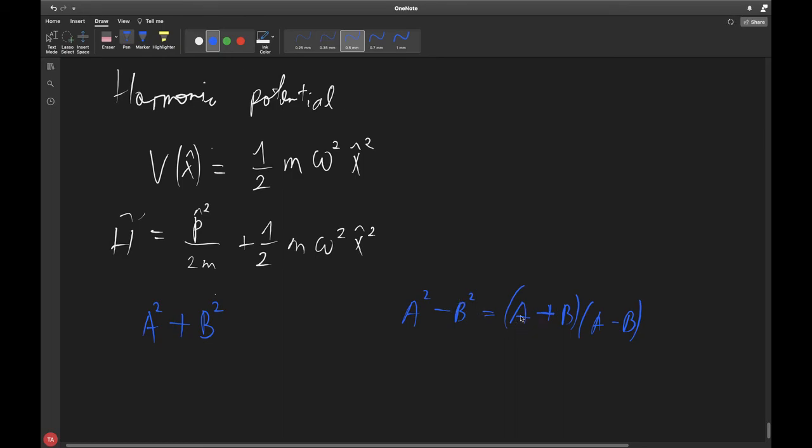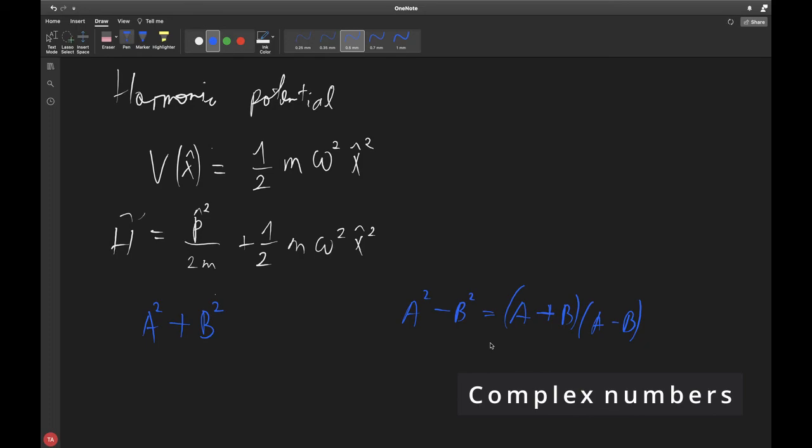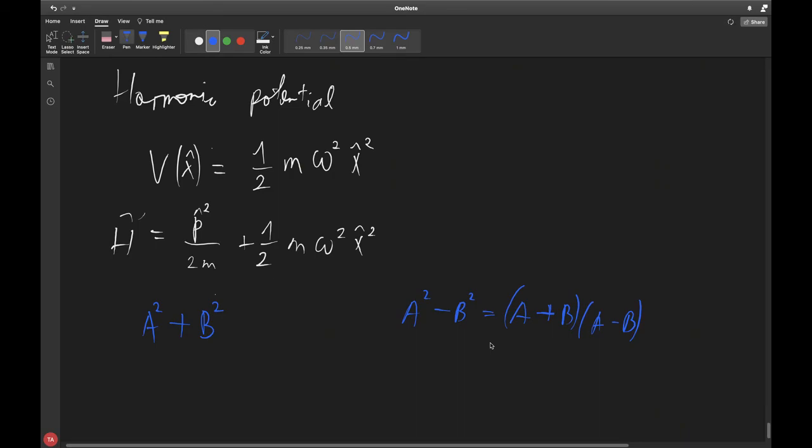So somehow what we need is when we multiply a number with itself, it gets a negative number. And that's where complex numbers come to be. So if you are unfamiliar with complex numbers, I have a video under the Path Background for Physics series. You can check that out.